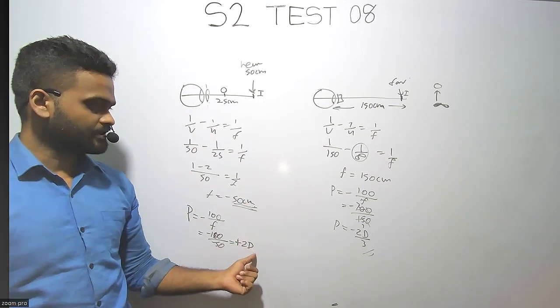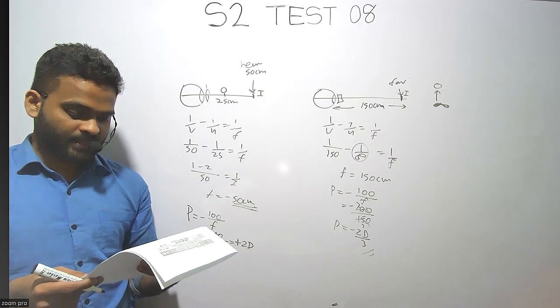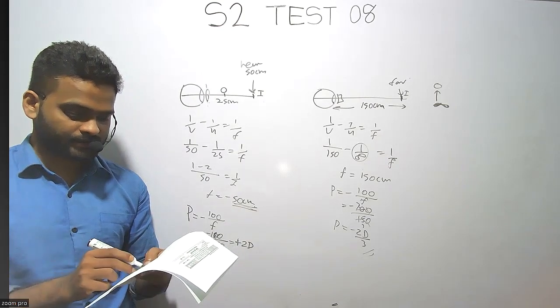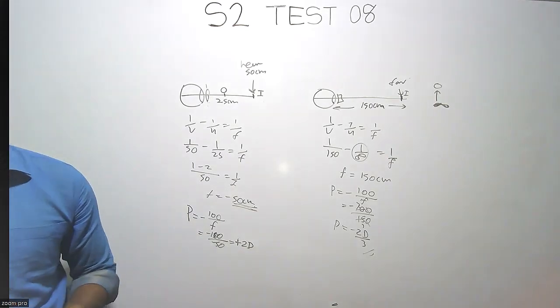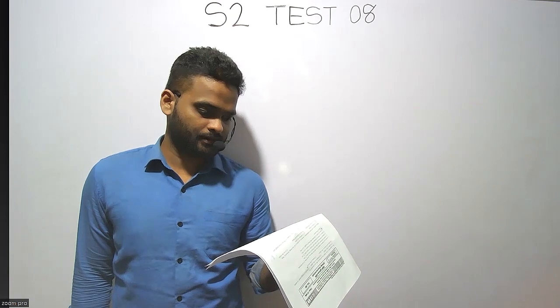So here you have plus 2D and minus 2D over 3 diopters. So the answer should be, I think, the first one, right? Then we'll move on to the 8th question.